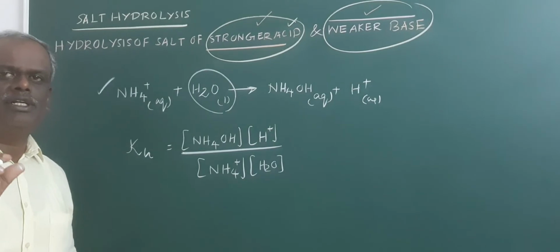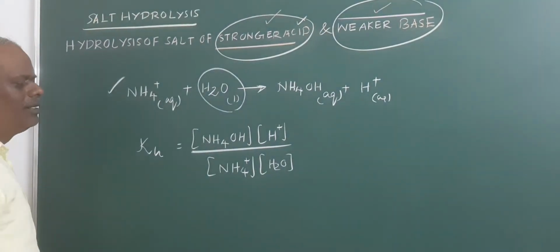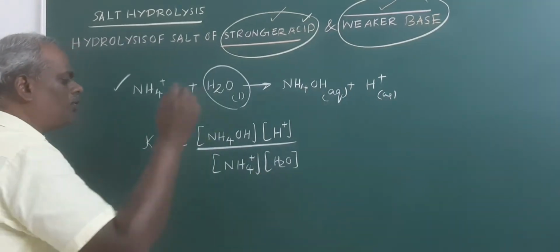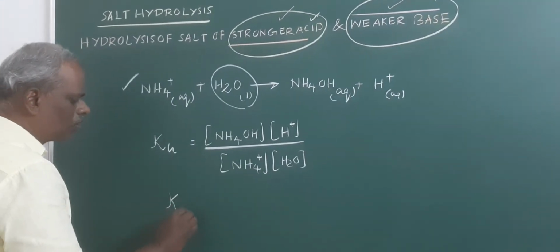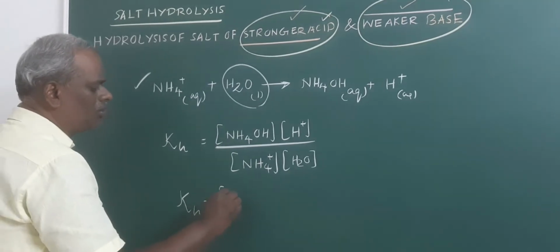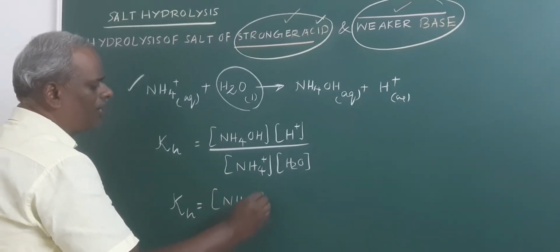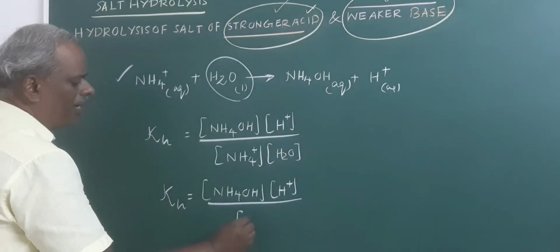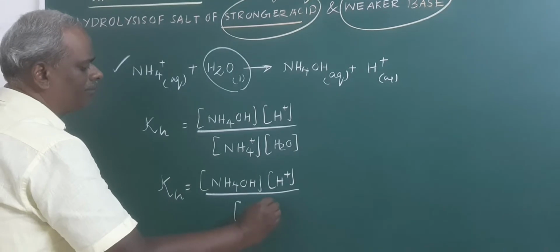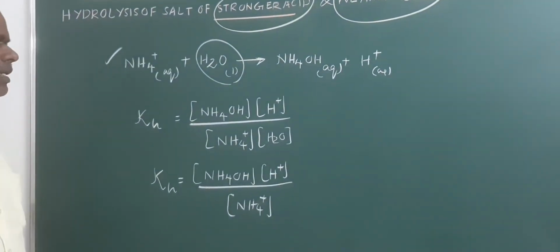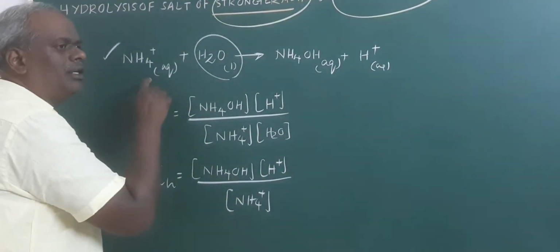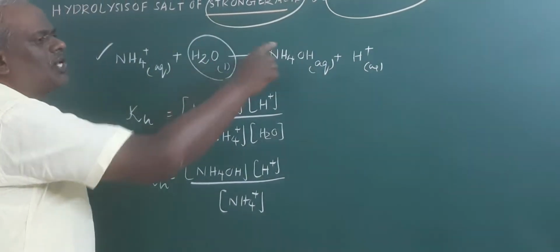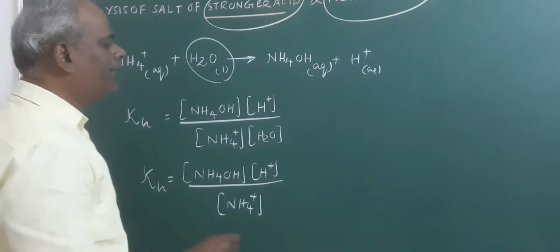Almost the concentration remains constant, and it can be taken as unity, and this need not be included in the calculation. So I can write KH equal to ammonium hydroxide concentration into H plus ion divided by NH4 plus ion. So this is the hydrolysis constant of this particular ammonium ion obtained from the salt ammonium chloride.